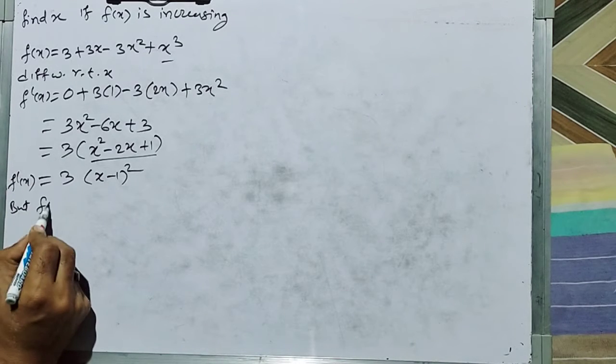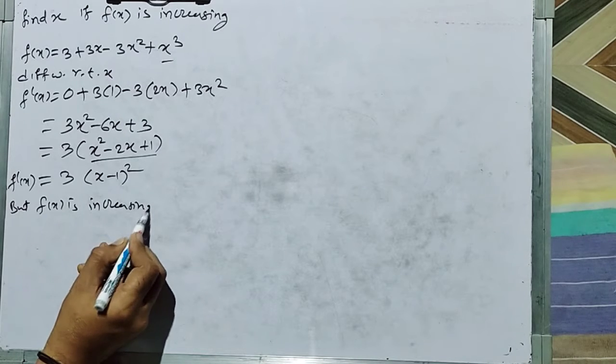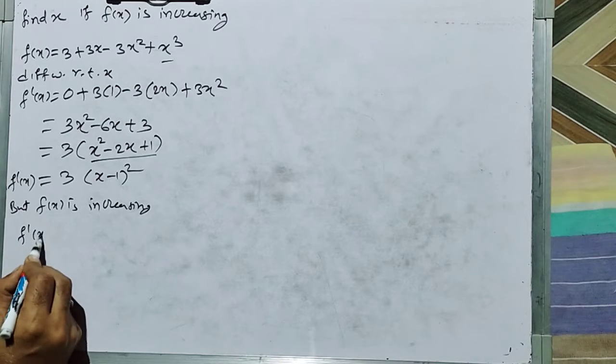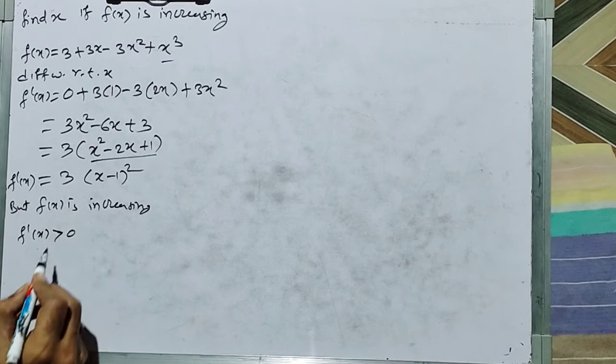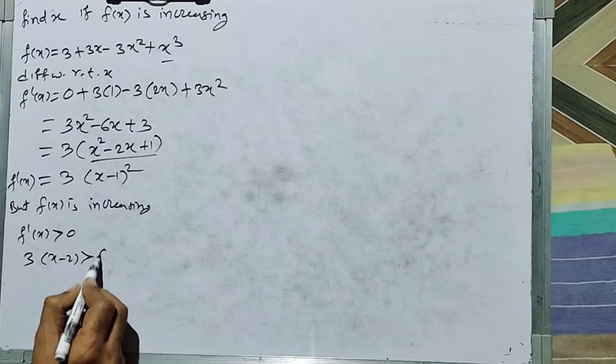But f(x) is increasing. Increasing means what? f'(x) is greater than 0. It means 3 into (x - 1)², the square of this one, is greater than 0.